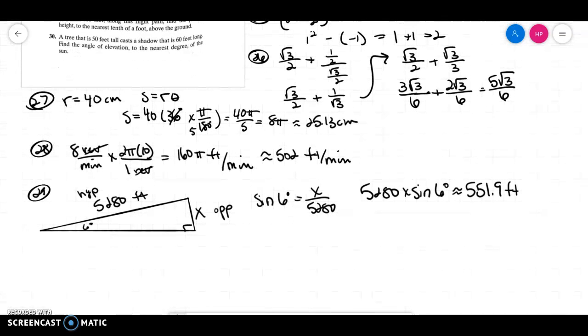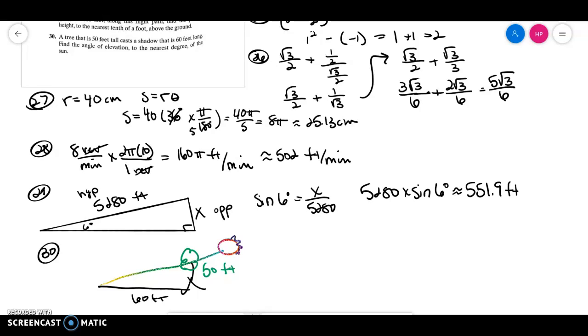And then my tree. My last problem with my tree. I have a tree that is 50 feet tall, and it casts a shadow that is 60 feet long. And then what is the angle of elevation up to my sunshine up here?